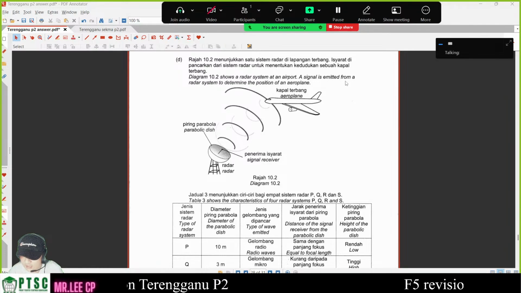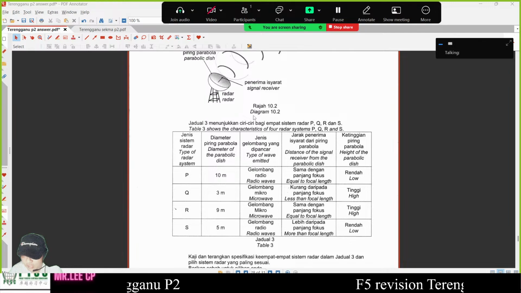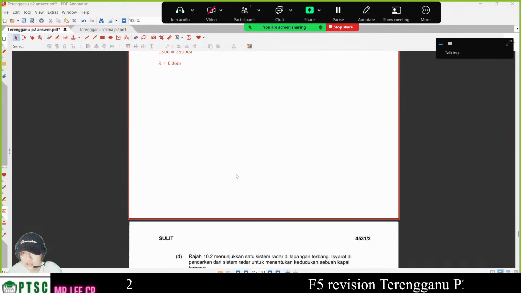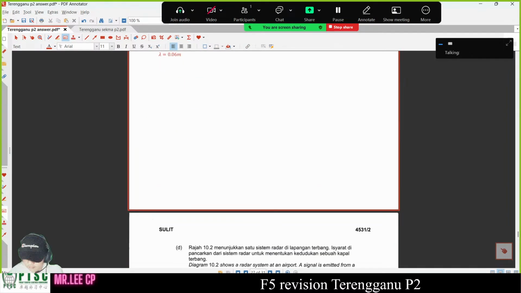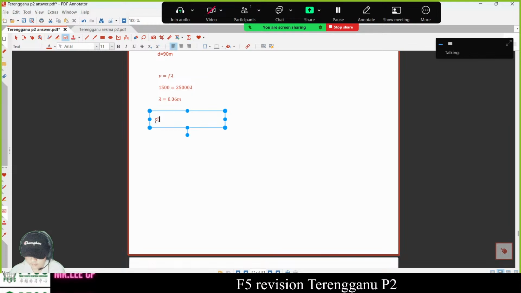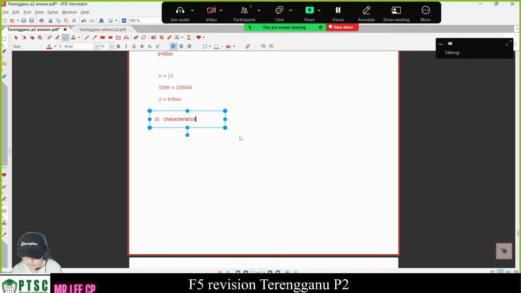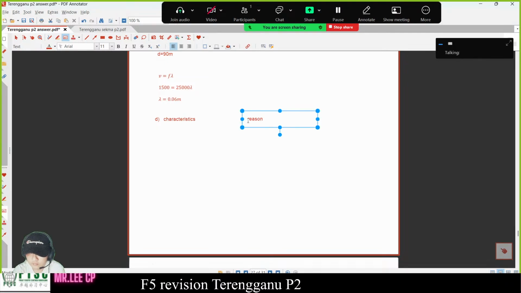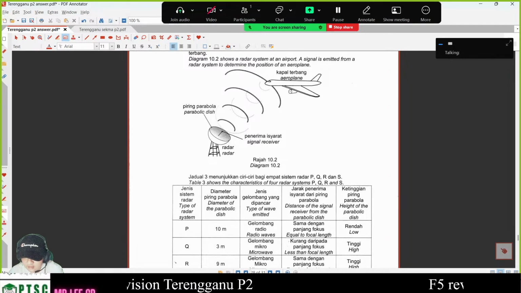A signal is emitted from the radar system to determine the position of the aeroplane. So the diameter must be big. Don't write a number, remember. So this kind of question, the characteristic reason: the diameter of the parabolic disc is big.